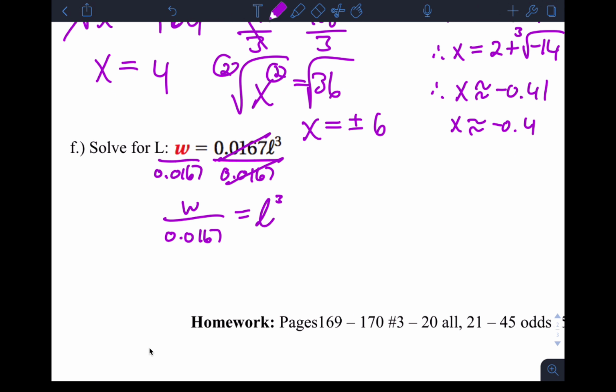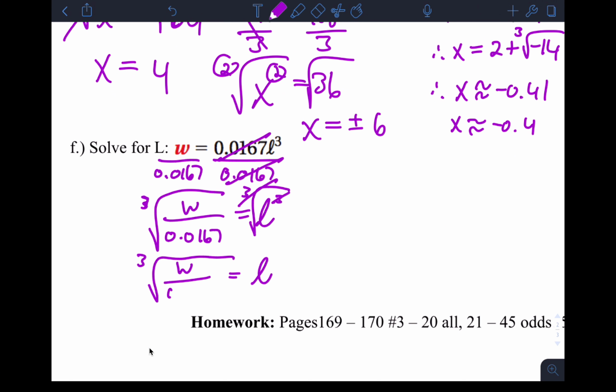And now we know that to undo the cube, we take the cube root of both sides, and that would be the answer. The cube root cancels the cube here, so L would just be equal to the cube root of W over 0.0167. We're not getting a numerical answer here, we're just getting L by itself, solving for L in terms of W.